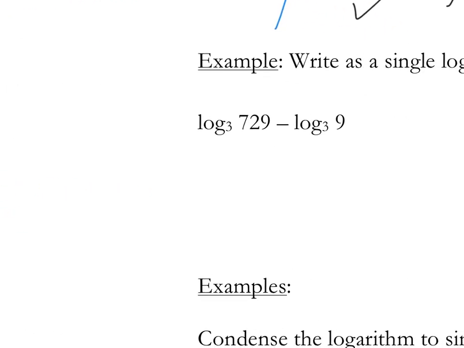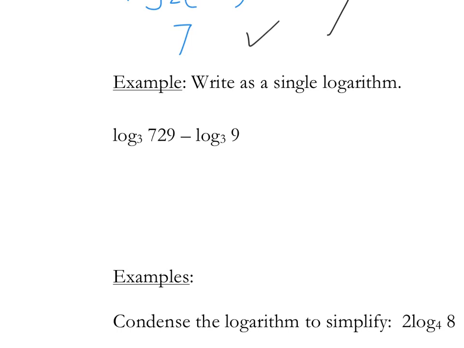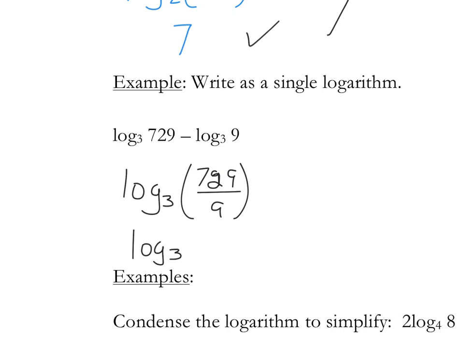If I look over at my example here, we're going to solve this both ways. The first thing I'm going to do is combine this. I can write this as the log base 3 of 729 over 9. Well, that's the same as the log base 3 of 81, which I can evaluate as 4.